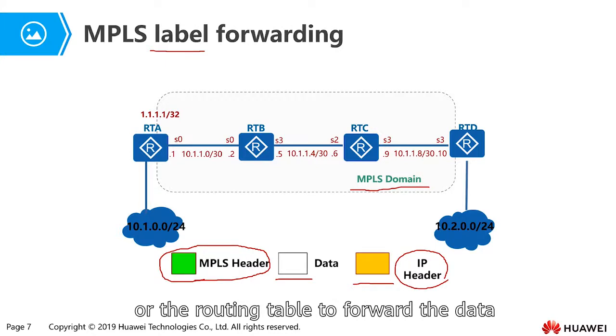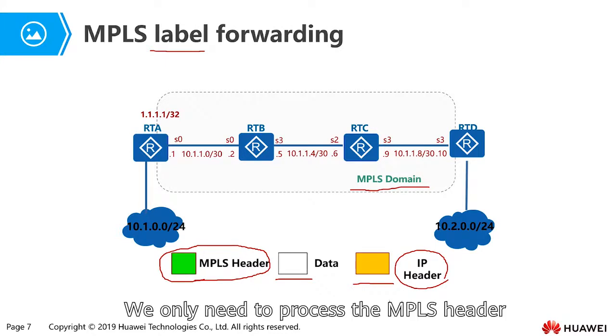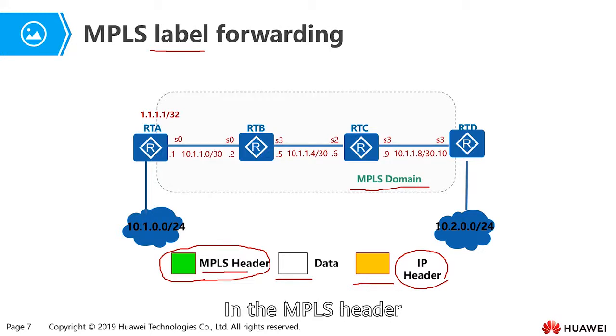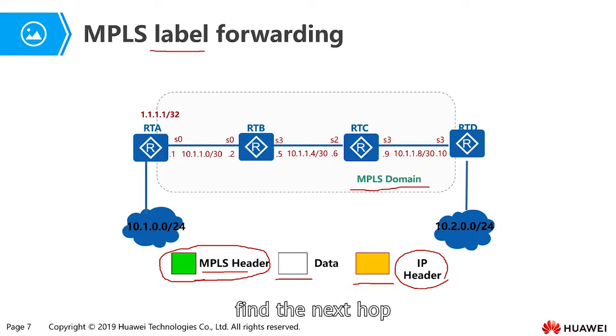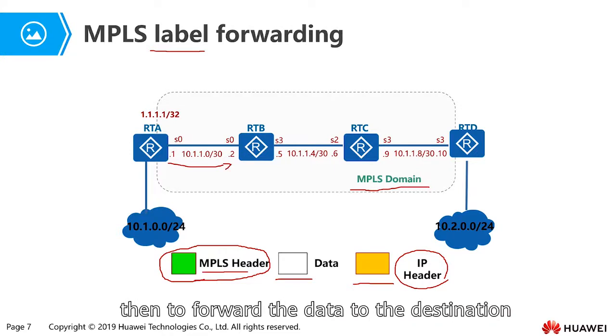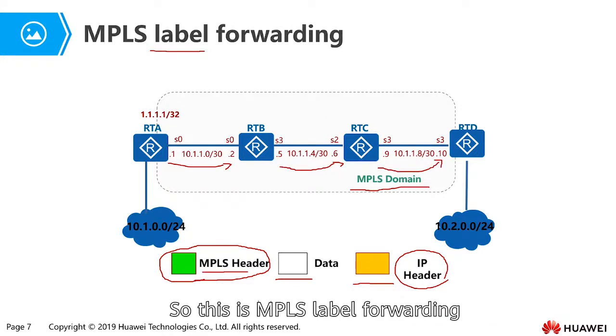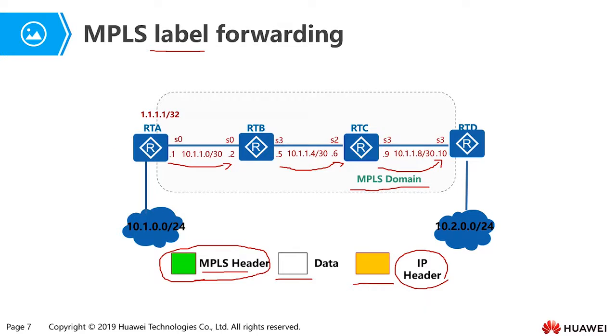We only need to process the MPLS header, which contains the labels. So we search the MPLS label table to find the next hop, then forward the data to the destination. This is MPLS label forwarding.